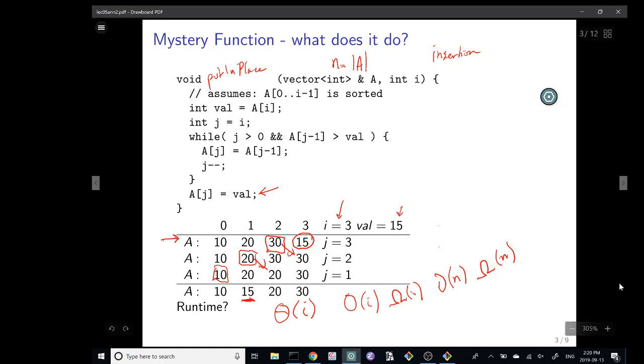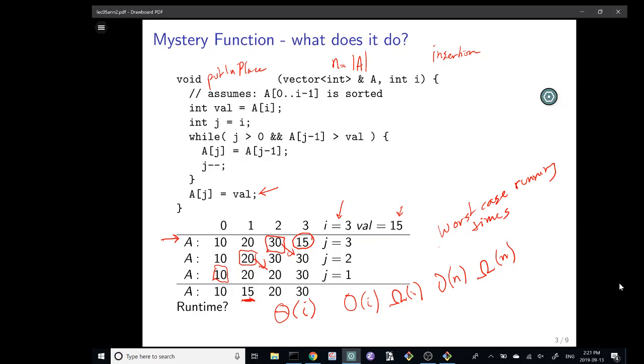So these are all valid worst case running times. They're all correct, but some of them have assumed that I'm doing worst case over the value of I, and some of them have used I as a parameter. And I didn't tell you what to do, so all of these are correct.